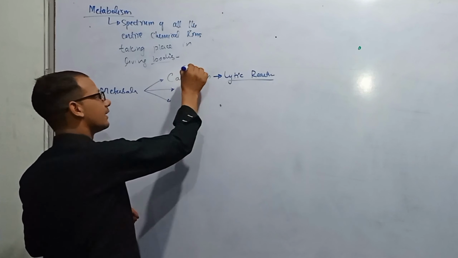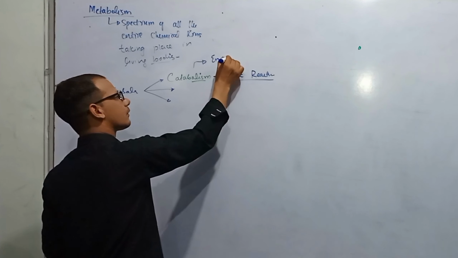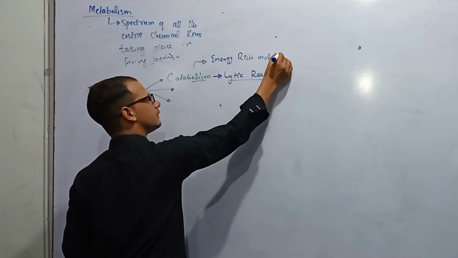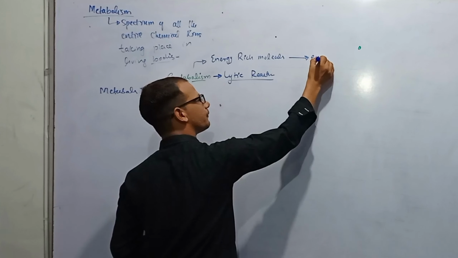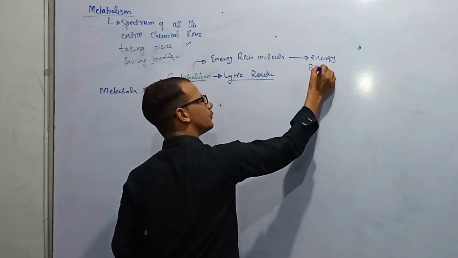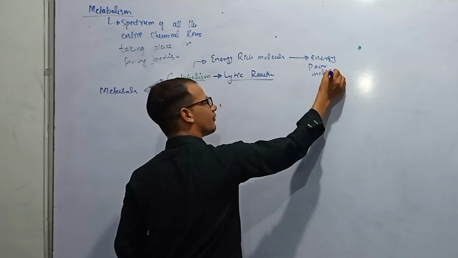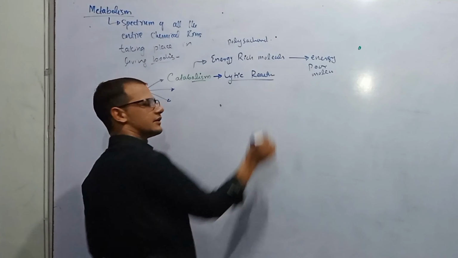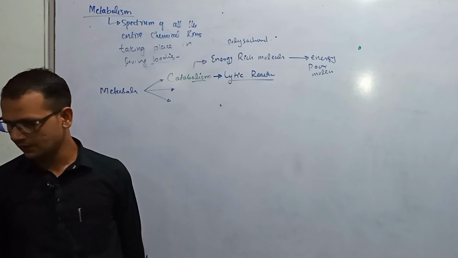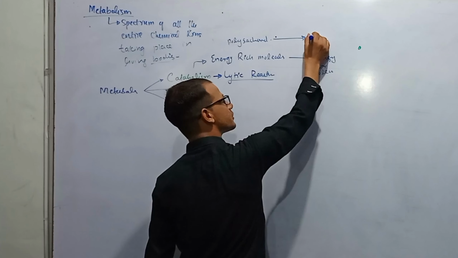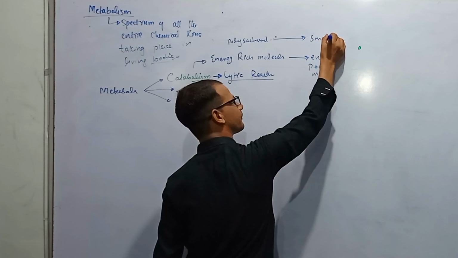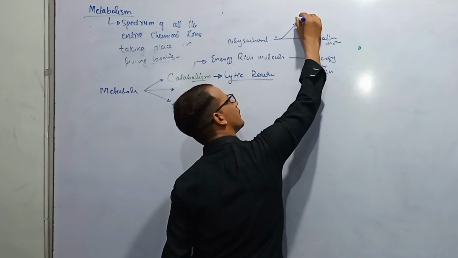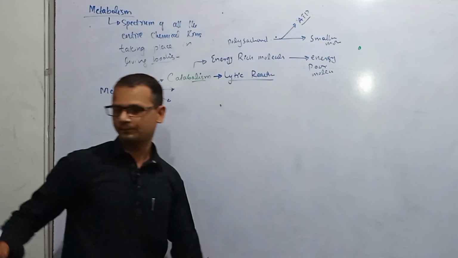In catabolism, energy rich molecules are converted into energy poor molecules, because for example we have polysaccharides, and this polysaccharide stores a lot of energy, and when it breaks down into smaller molecules, monosaccharides, energy will be released in the form of ATP, right?